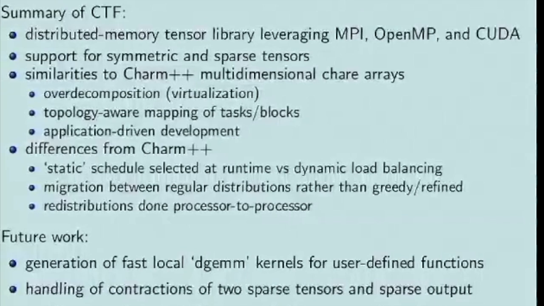And currently we're decomposing even sparse tensors in a way that is essentially load balanced only up to randomization. So it's not that well load balanced, and you can imagine refining that. But I think you gain so much from the regularity and the ability to exploit very nice communication patterns that it's going to be difficult to leverage more dynamic load balancing in the Charm++ style and amortize what you're sacrificing with respect to the regularity.